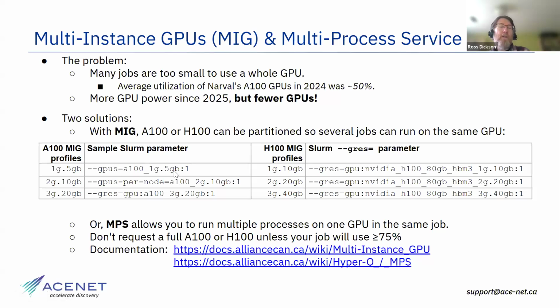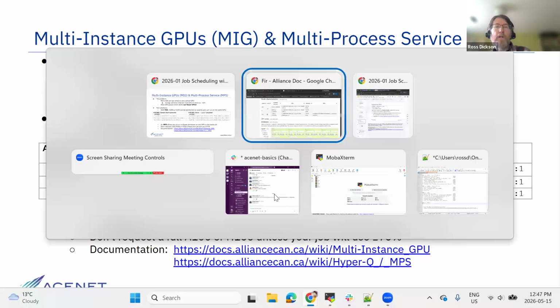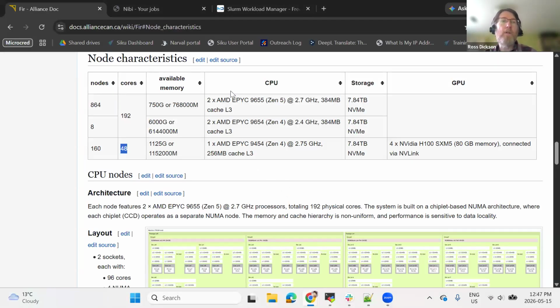And here are some examples of what that looks like in terms of a Slurm request. I'll take you to a page that gives you the complete list of abbreviations for the GPU types in just a moment. Here are some H100 profiles, again 1G, 2G, 3G fractions, or MIGs. Let me find that page right now, because that's what I'm talking about.